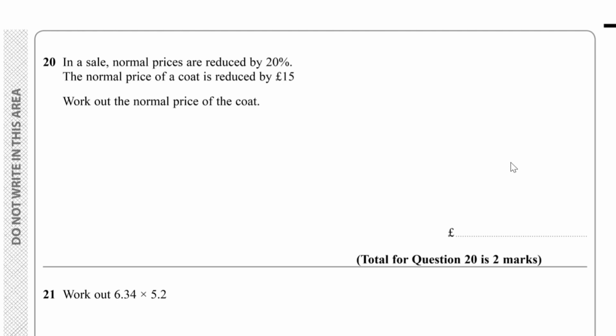Question number 20. In a sale, normal prices are reduced by 20%. The normal price of a coat is reduced by £15. We have to work out the normal price of the coat. Well, we've got this 20%, and that would represent the £15.